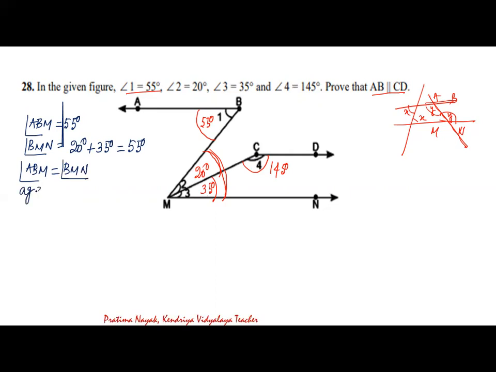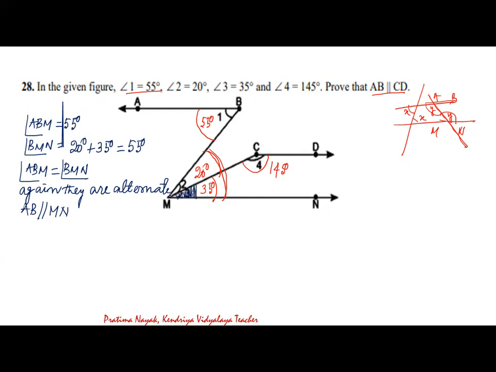Again, they are alternate pair. So if alternate pairs are equal, then AB is parallel to MN. First part is over.